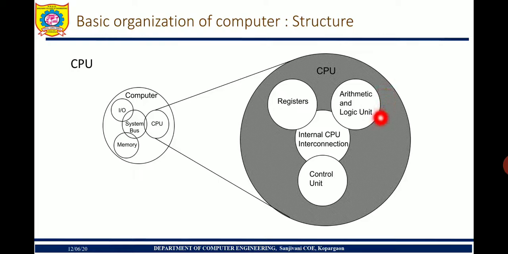The ALU only performs operations, but the control unit tries to control the flow of the system, and it is done by using internal CPU interconnections, which connect the control unit to the arithmetic and logic unit and registers.